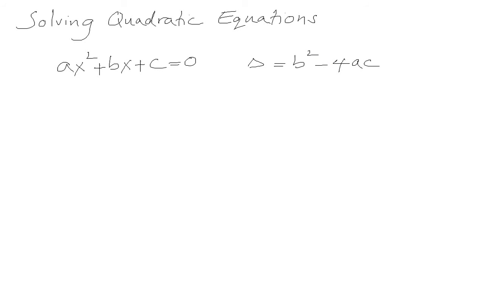And if your discriminant is greater than or equal to 0, then your quadratic equation has solutions, and the solutions are x1 and x2, minus b plus minus radical delta over 2a.